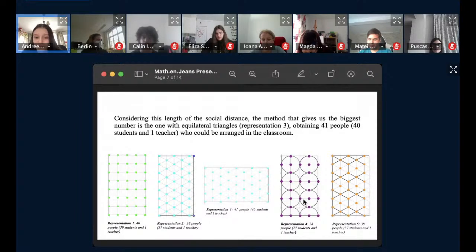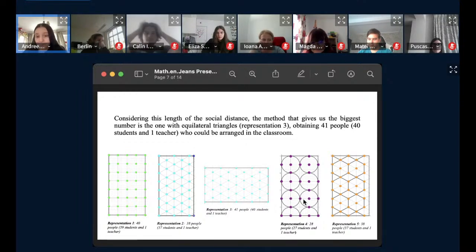Then moving forward, the next one is again with equilateral triangles, but as I mentioned in the first part, this representation is different from the other one with equilateral triangles because we start placing them on the width, not on the length. So this is why we get a different number, meaning that we get 41 people in this case.